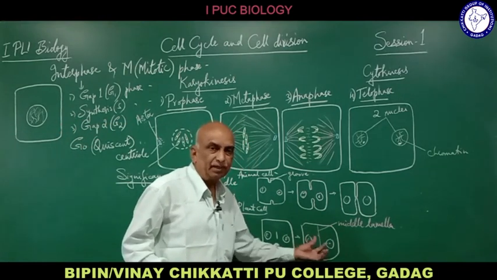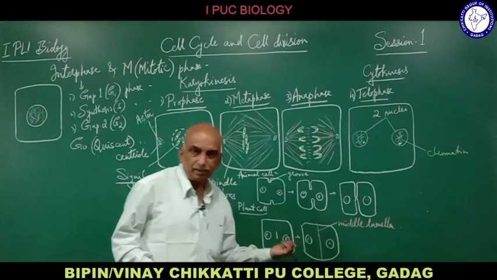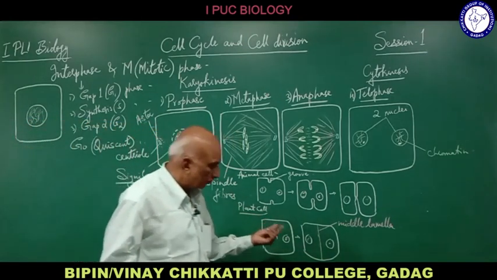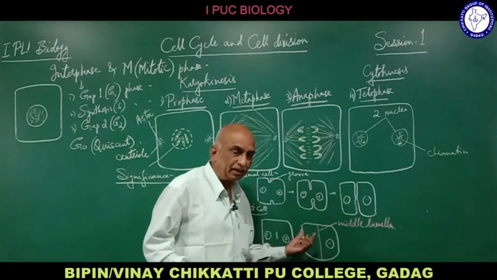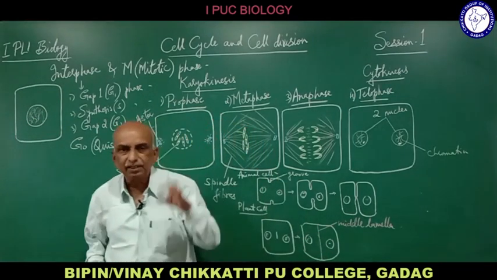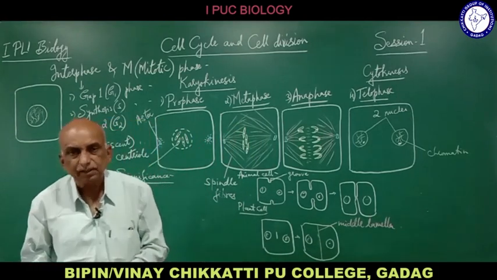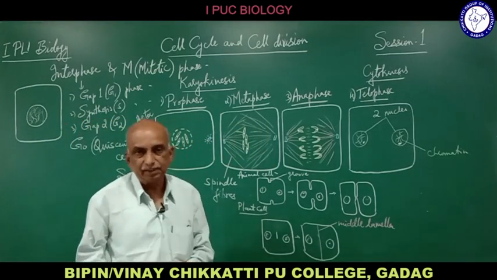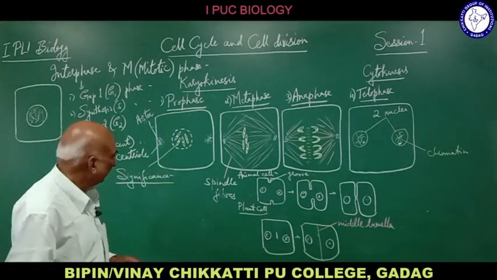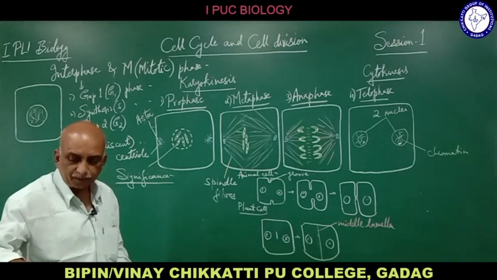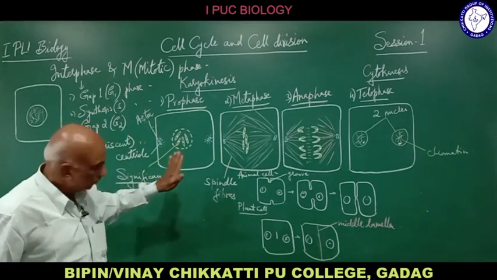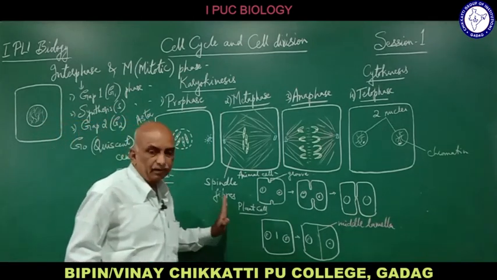There is no unequal distribution of the chromosomes or the chromatin or the DNA, and even in the cell organelles there is no such kind of unequal distribution, and thus mitosis has various kinds of significance. So this is about mitosis, the process of mitosis, and interphase, M phase, and also the significance of mitosis.